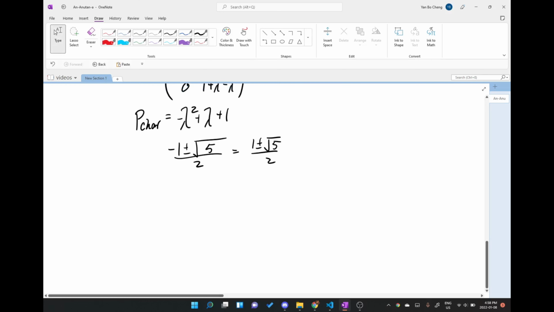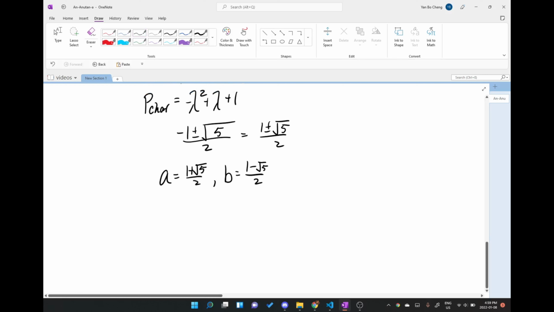So the eigenvalues, let me give them good names: A is equal to (1 plus root 5) over 2, B is equal to (1 minus root 5) over 2, just to remember it better.